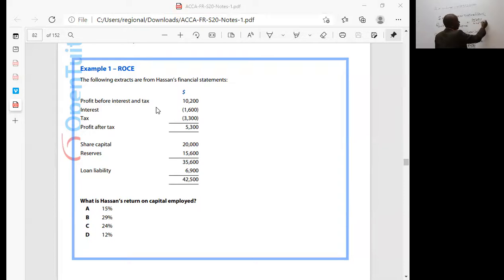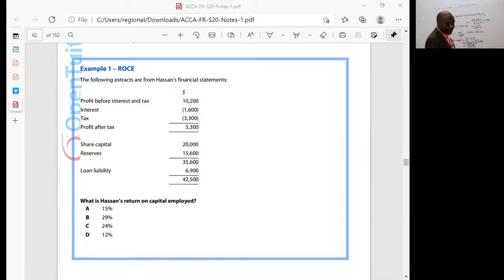Whatever I get here, I want to change it to a percentage. So this will be 10,200 divided by 42,500 times 100, which ends up giving me 24%. I hope that is clear.